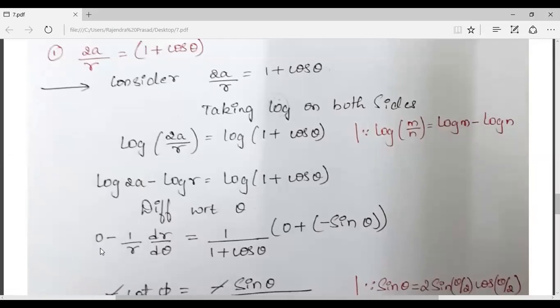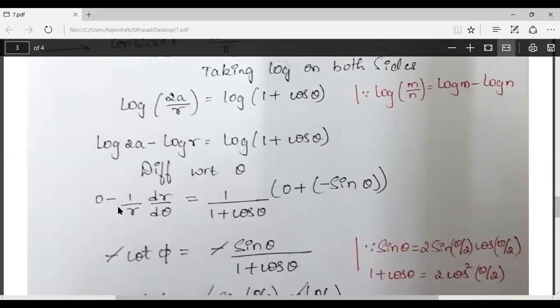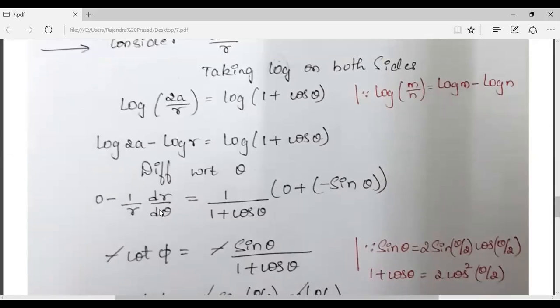Log 2a differentiation 0, minus keep as it is, log r differentiation 1 by r into dr by d theta, that is equal to log of 1 plus cos theta differentiation 1 upon 1 plus cos theta, into 1 differentiation 0, cos theta differentiation minus sin theta. Next, minus 1 by r into dr by d theta, so this is equal to what? Cot phi.